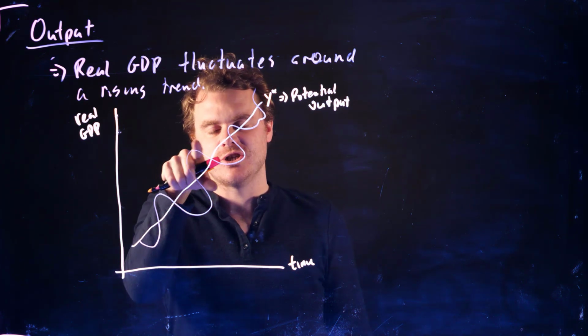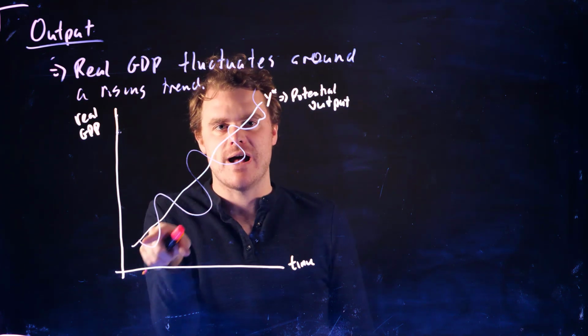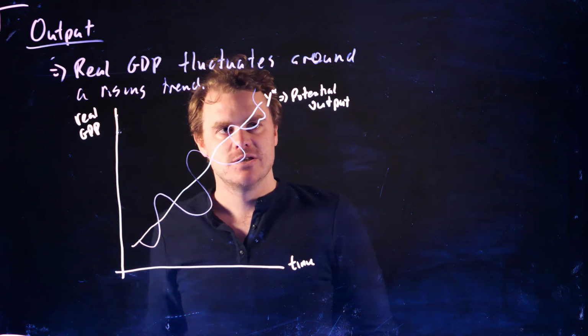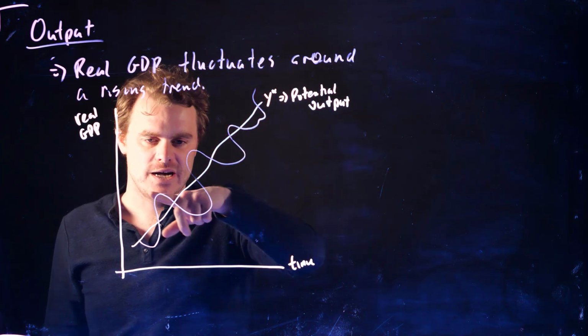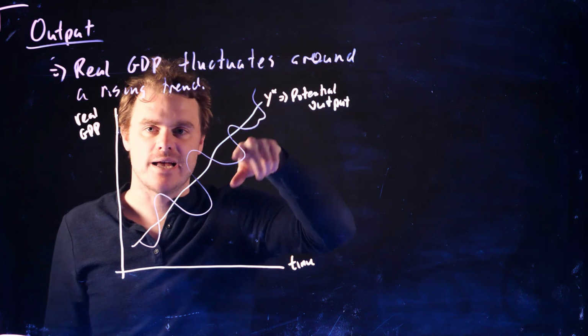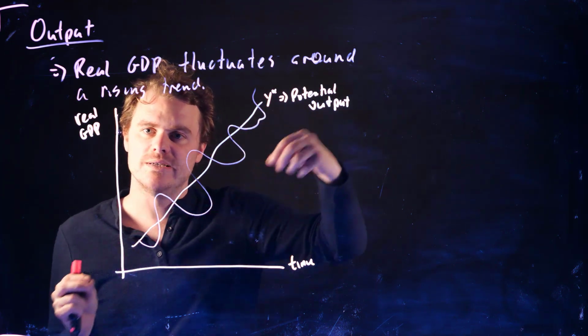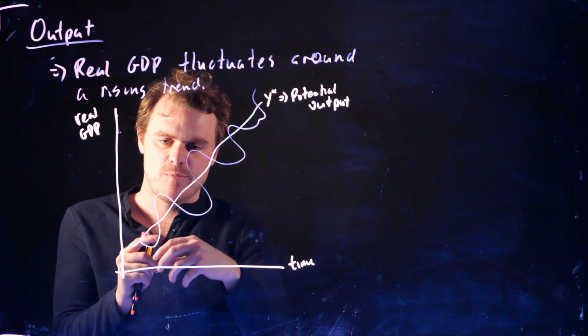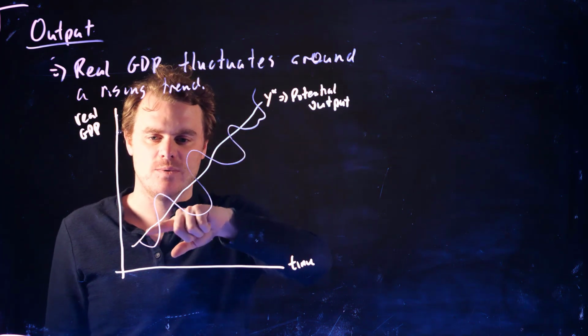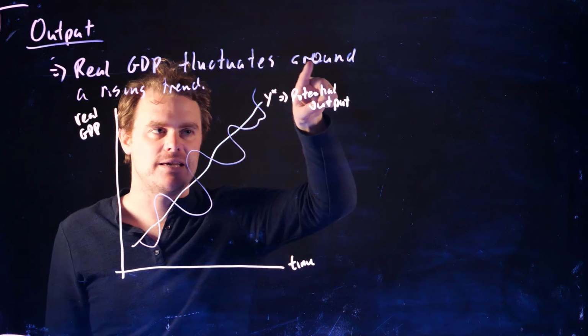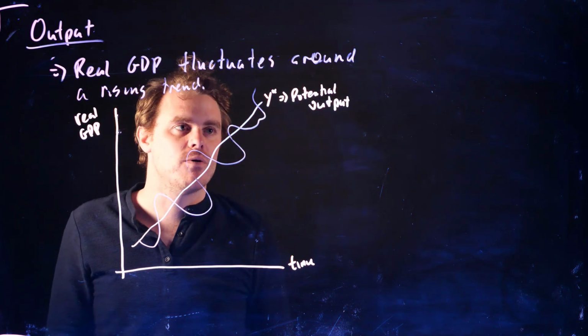These short-term ups and downs around this rising trend. So we're interested in both the rising trend and long-run growth, as well as understanding these business cycles and maybe how to smooth them over. We might not want big peaks and troughs of a business cycle. We want it to be a steady increase of real GDP.